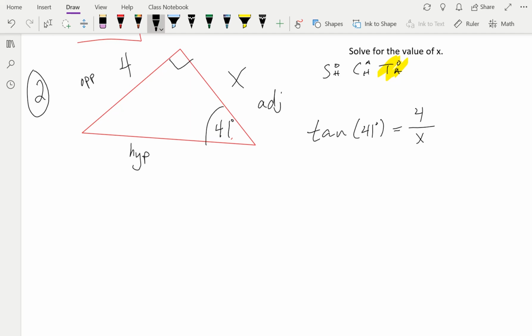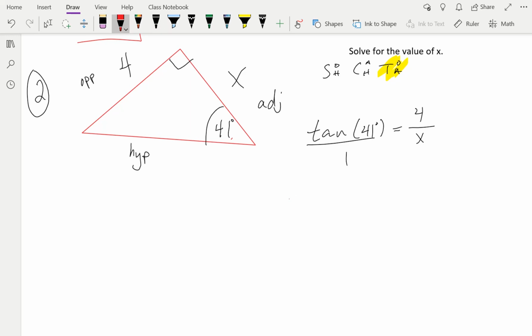Now, tangent of 41 degrees is just a number. It's a ratio that when you divide it out, you get a decimal. So we can treat it as a constant because we can put it over 1, and we'll be able to cross multiply and solve for this.